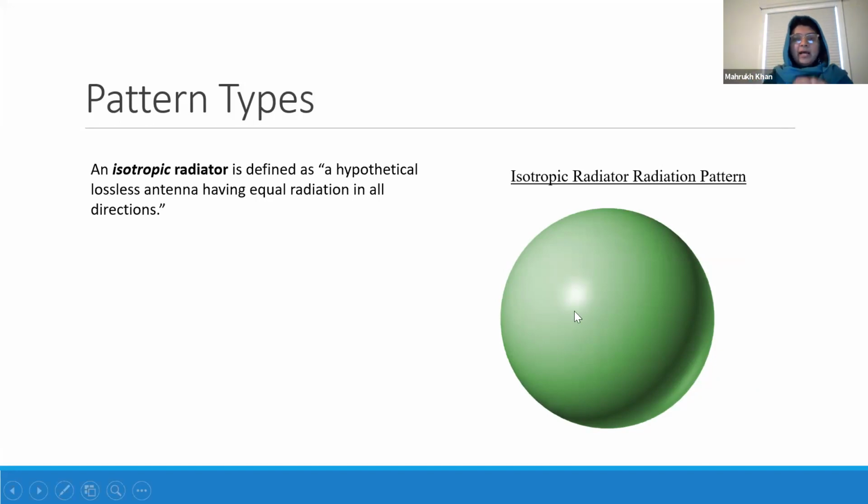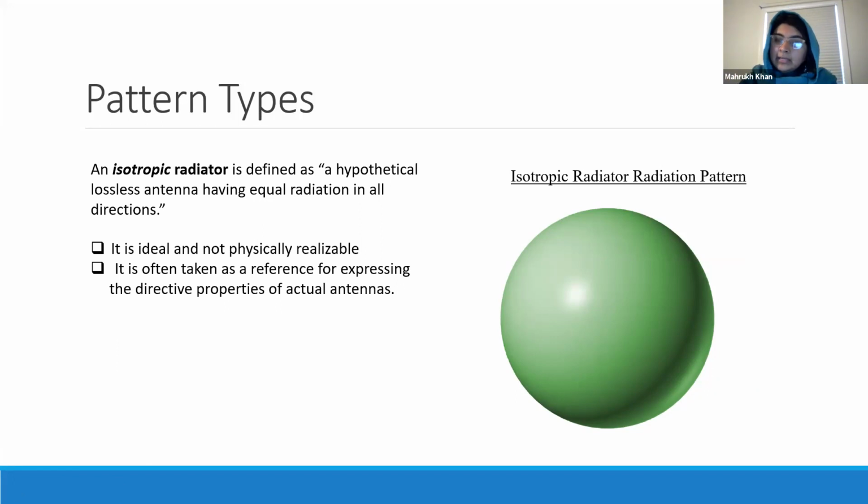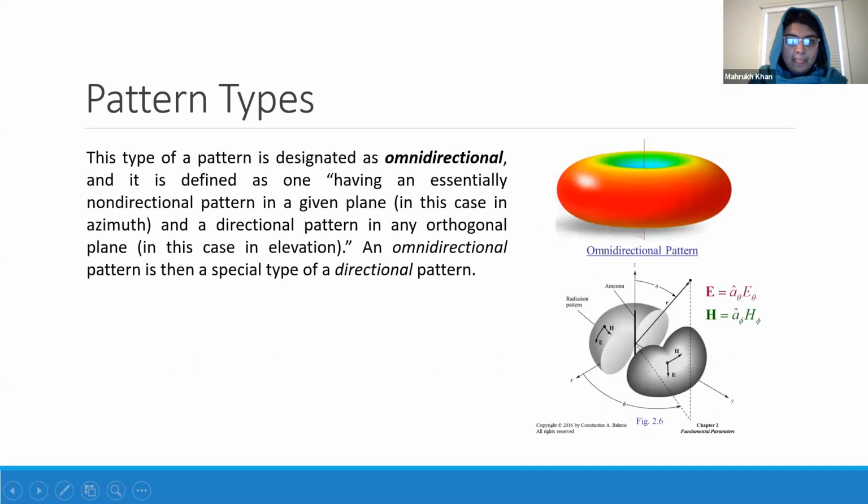It is ideal, not physically realizable. It is often taken as a reference for expressing directivity. Why do we define an isotropic radiator? Because we define all the quantities with respect to the isotropic radiator, because it's like a unit or reference, okay? So that's what our isotropic radiation pattern is, okay?